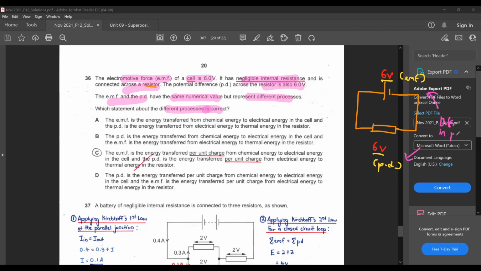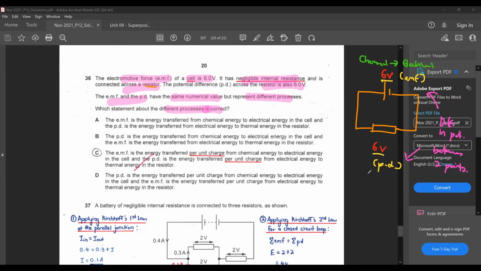Okay, so in our case, we know that EMF and PD are actually difference in potential between 2 points. That is how we got the numerical value. But for EMF, what we do know is that for battery, chemical energy is converted to electrical.